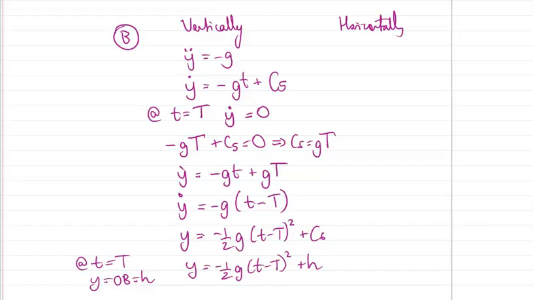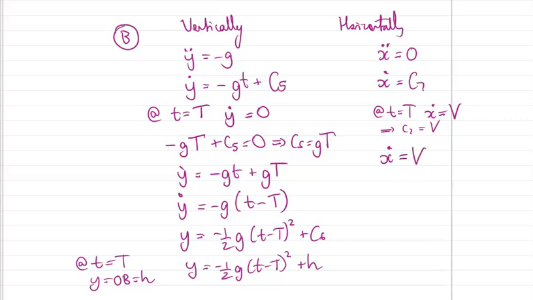Okay, let's work out horizontally. X double dot equals 0. So x dot is some constant which I'll call C7. I know that at t equals T, the velocity is given by V. So that implies C7 equals V. So my first equation is x dot equals V. Now let me differentiate one more time. X equals Vt plus my final constant.